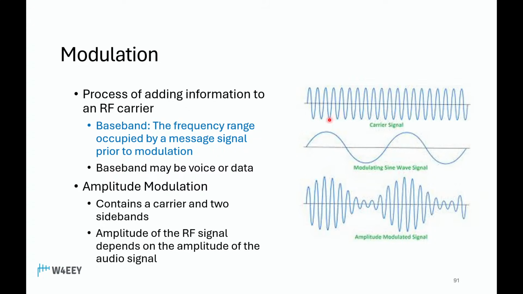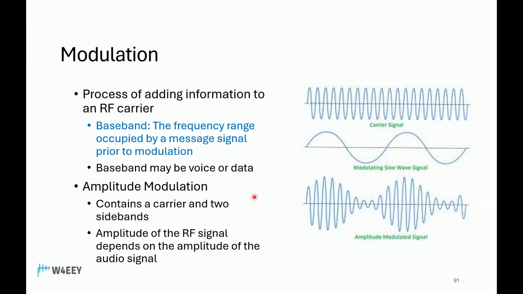That's what you're applying to the carrier signal to send it off into space. So just a definition there for you. Frequency range occupied by a message signal prior to modulation. It gets a lot more complicated than that in some other cases that we don't need to get into right now. It can be voice or data.